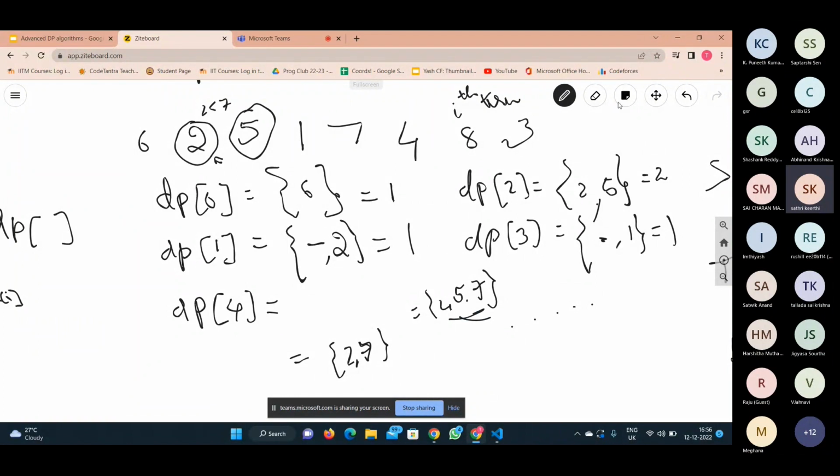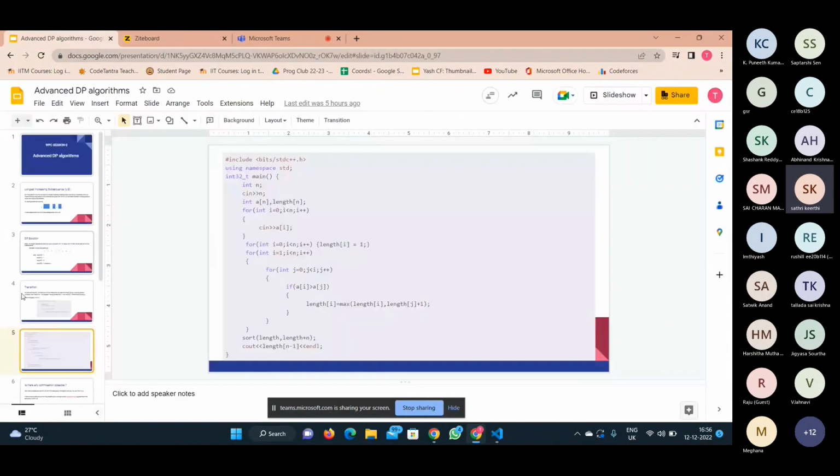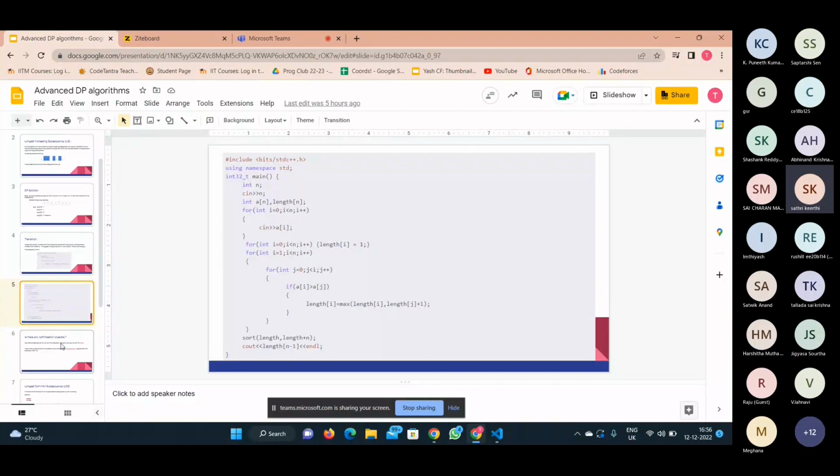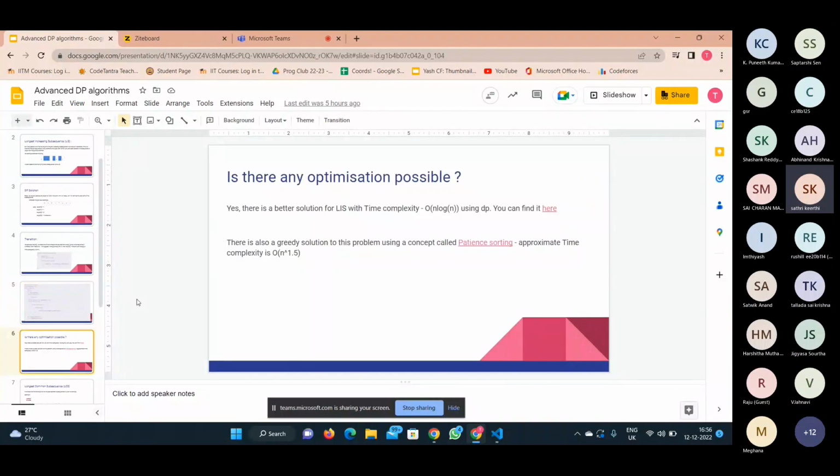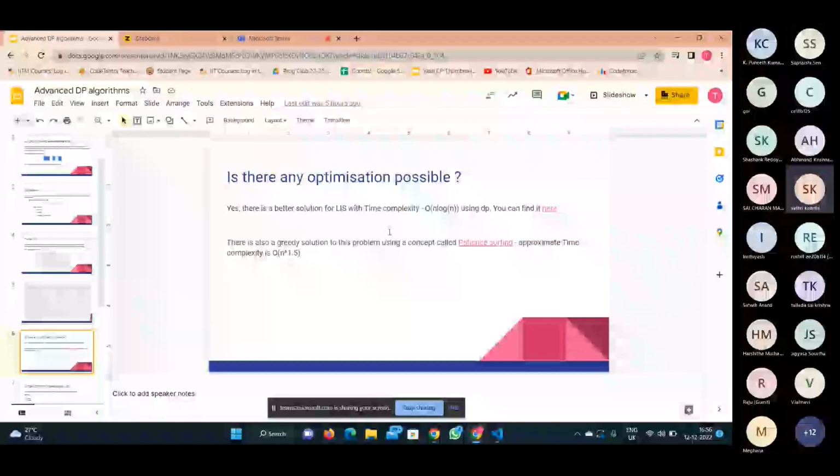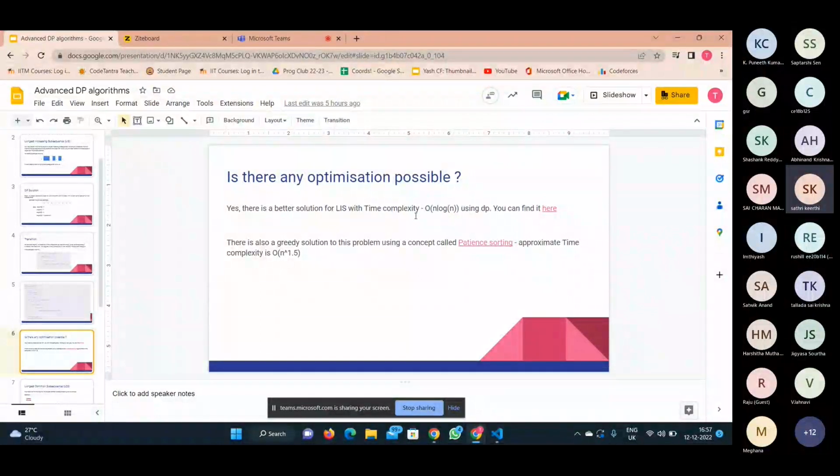So there are clearly optimizations possible, and I will not be discussing any optimizations in this session. There's actually a DP greedy solution also for this using a concept called patience sorting. And using this patience sorting, there's another DP solution of time complexity of n log n.